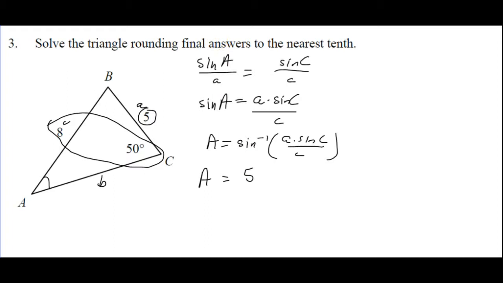Oops. Oh, that was a big eraser. So it's the sine inverse of, okay, so what do we got? Little a, 5 times sine 50 degrees divided by little c, which is 8. And this will take you there in one fell swoop, right? We will get right to angle A.